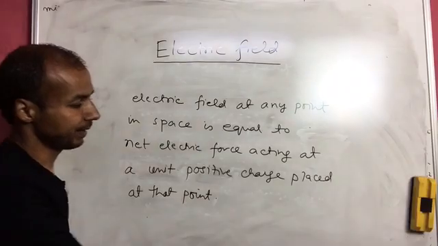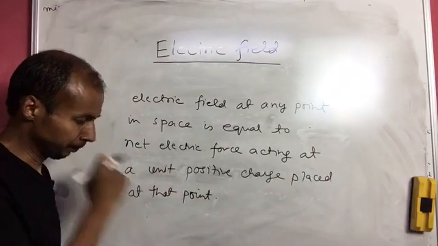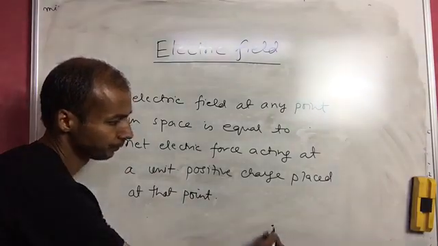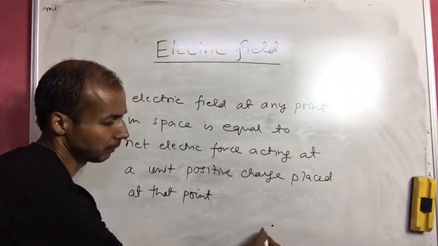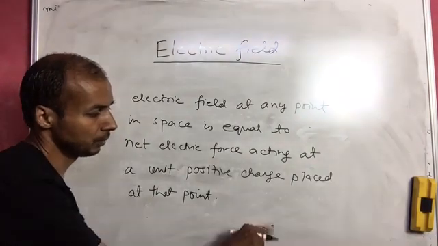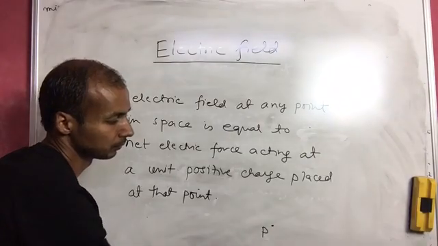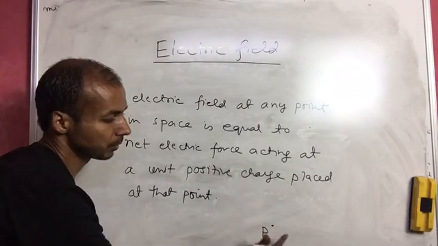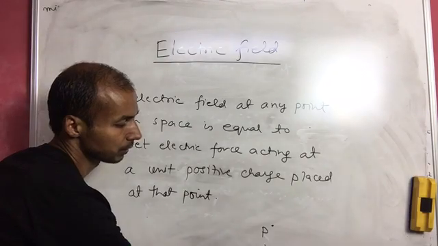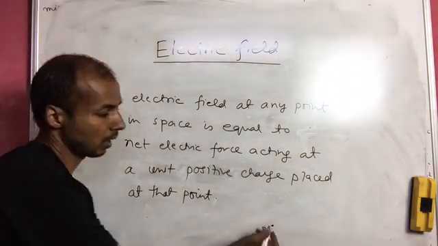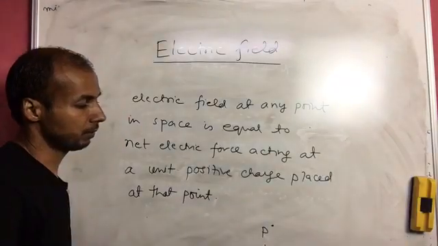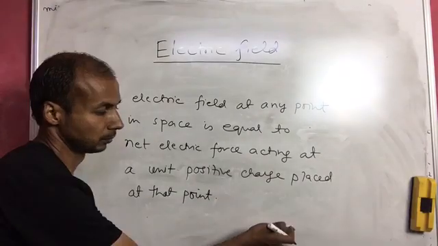इसका मतलब ये है कि अगर suppose I want electric field at this point, so what you do, if I want electric field at point P, you put a unit positive charge, correct? How much charge you put? Unit positive charge. That means plus 1 coulomb of charge you put here, and see how much force is acting on it in which direction, correct?